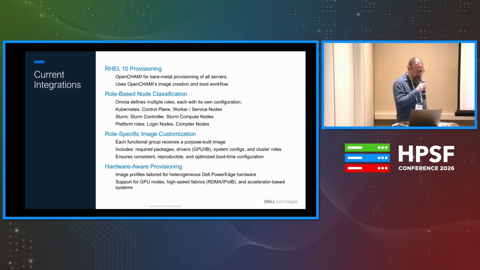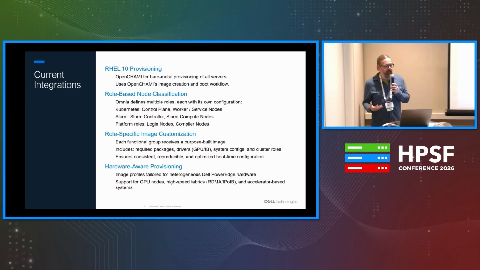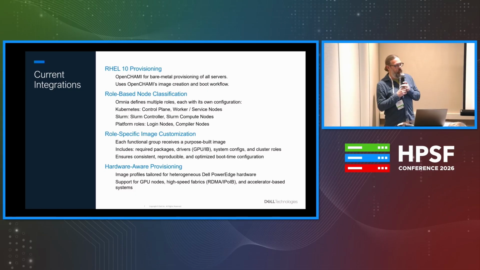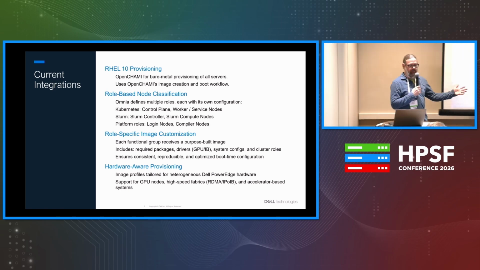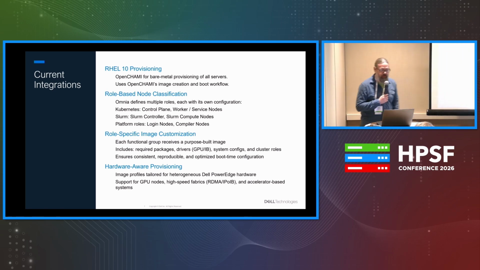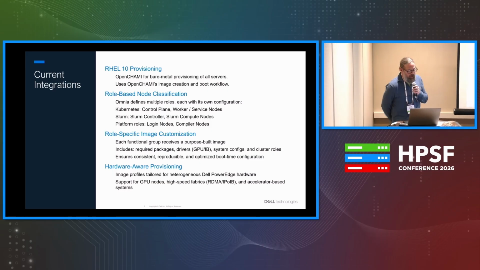There are a few more in there that I don't think are listed. And then we create an image for each of those roles. We create a base image using the image builder tool today with Buildah, and then we add add-on packages for each of those role-specific images. So GPU drivers, specific InfiniBand, Broadcom, those sorts of things.